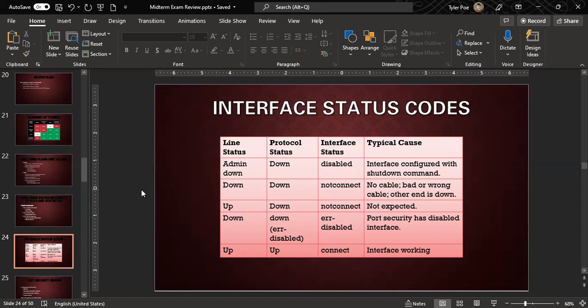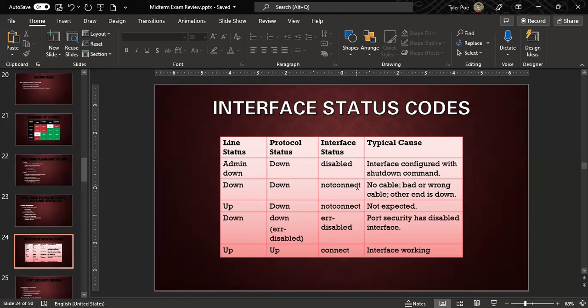Line protocol status down/down basically means there's a physical problem with the cable. So there's no cable connected, or there's a bad or wrong cable, or the other end of the cable is down. So if you see down/down from switch 1, there's a possibility that on switch 2, the same port is manually shut down.